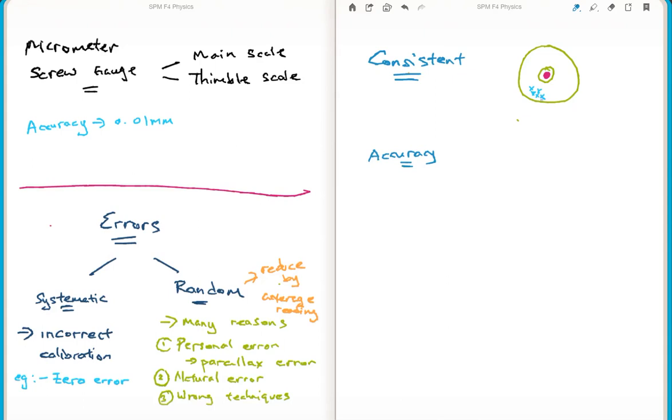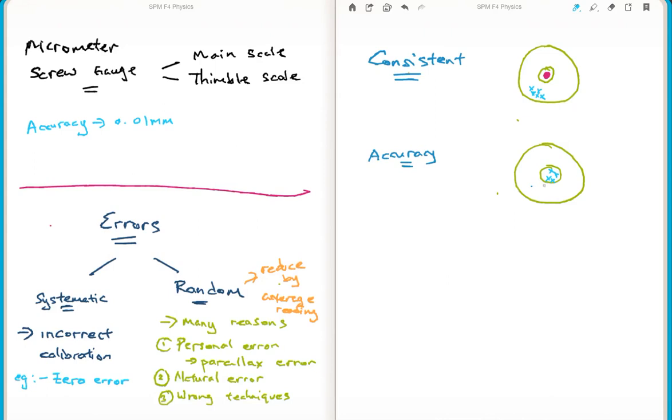Accurate means, in this same case above, your target is very accurate, meaning here, here, here, here, maybe here.